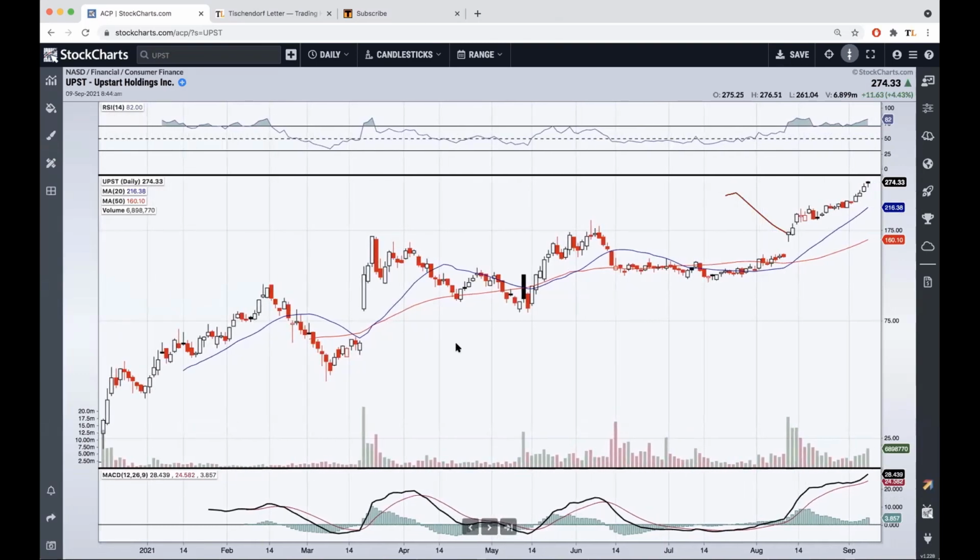I think we talked about that with Fastly in our first interview. The best way to trade IPOs is to wait until they have a trading history of 10, 12, 14 months, and then the due diligence phase is over, and you can see that here with this move.